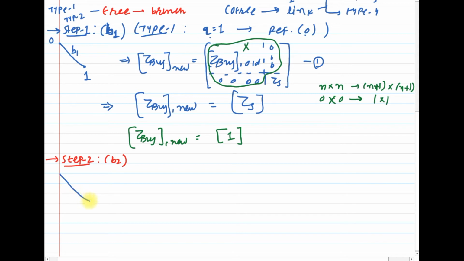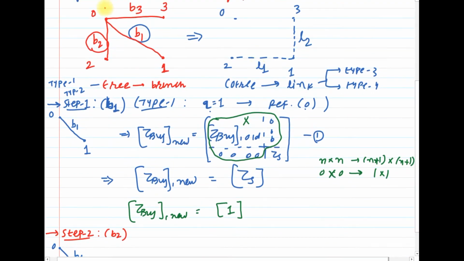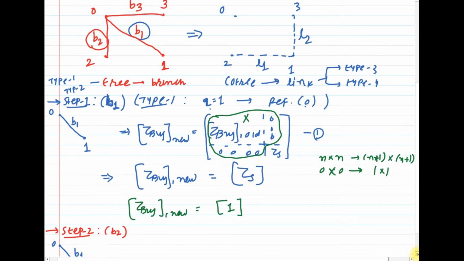Element number 1, B1, is connected between the reference bus 0 and bus 1. Now I have the second element, B2, connected between bus number 2 and the reference bus.